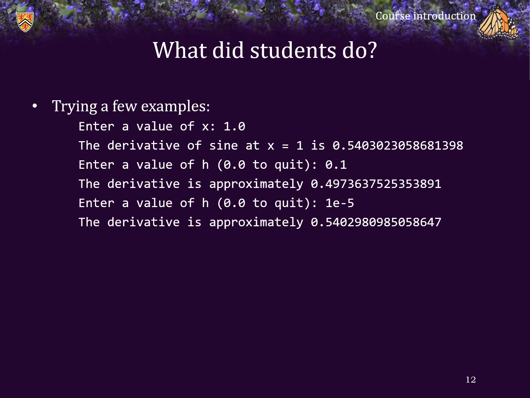Let's use a value of h equaling 10 to the negative 5. Now, here you can see that when we round to 4 digits, that's pretty close. 5403, yeah, that's pretty close. So we have a more accurate approximation.